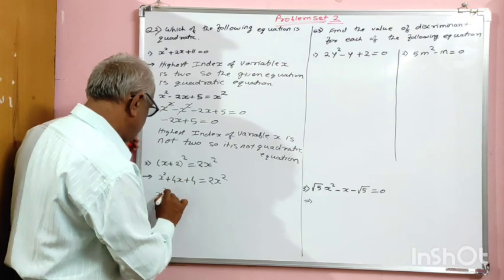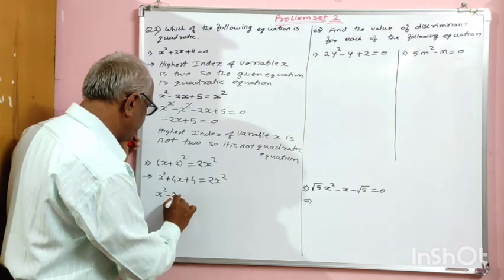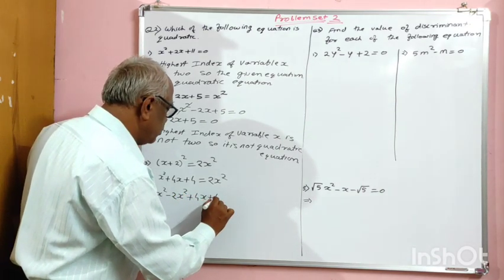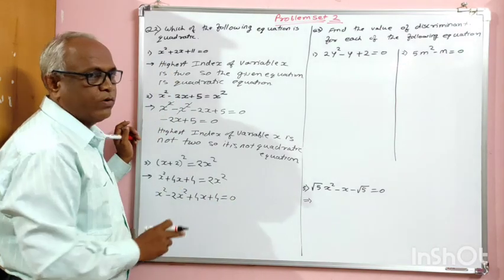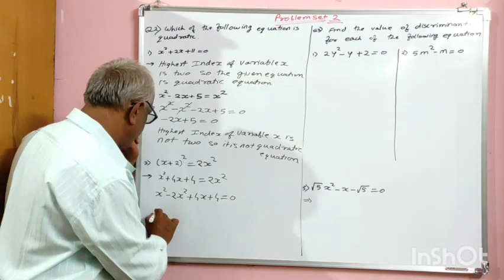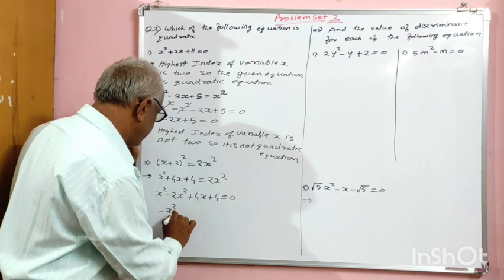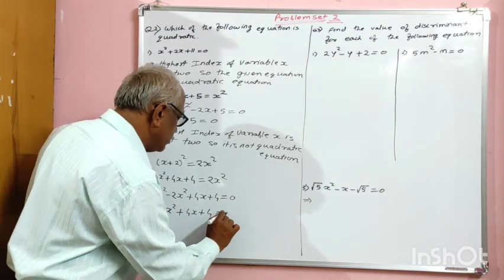Now shift this 2x square to the other side, it becomes minus 2x square. Subtracting x square minus 2x square, keep the sign of the greater number, which is 2, so minus sign. After subtracting, minus x square remains, plus 4x plus 4 is equal to 0.